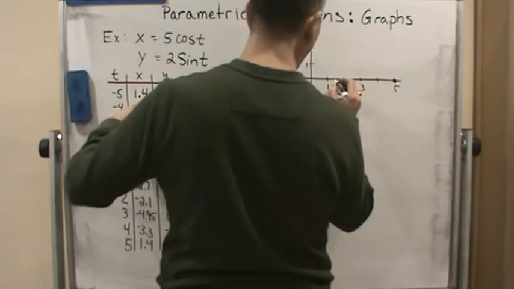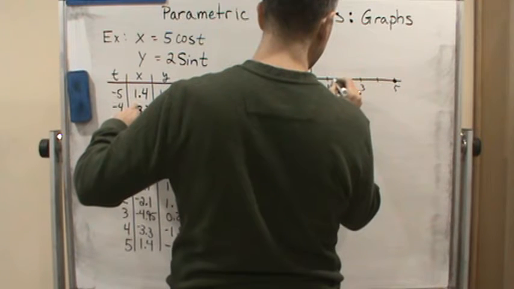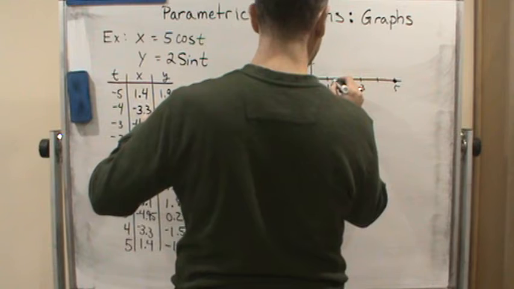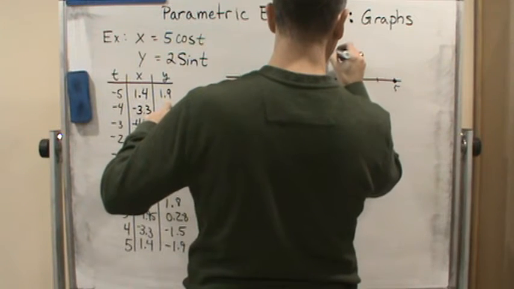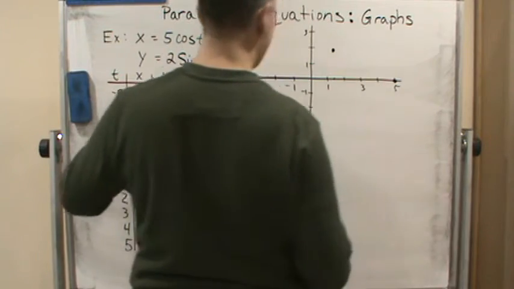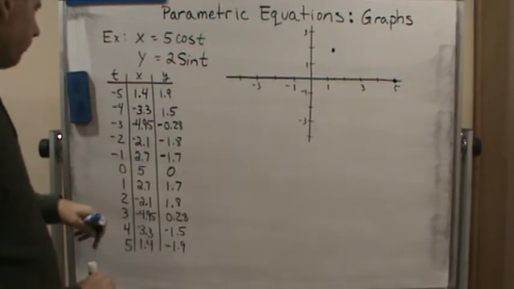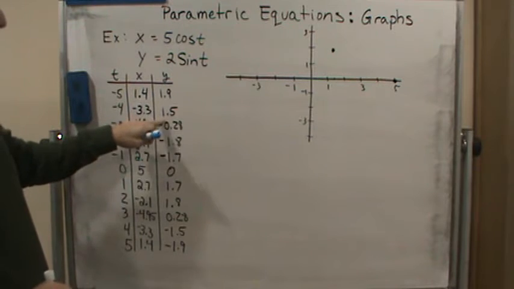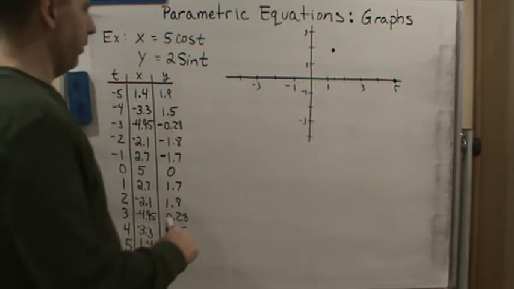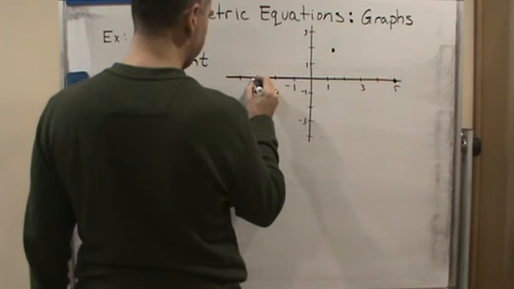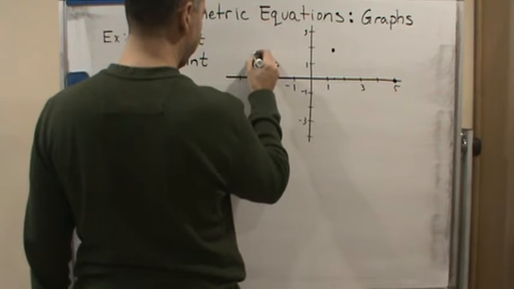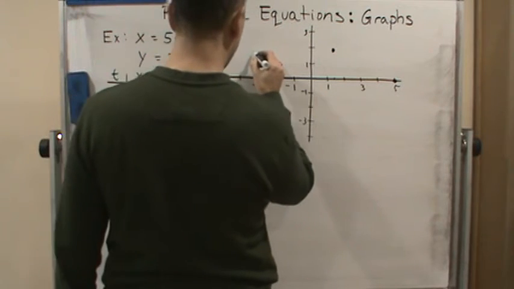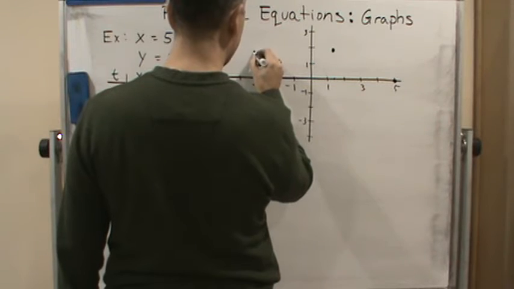So 1.4 and 1.9, approximately there, I guess. The next point, at t = -4, is -3.3 and 1.5. So -3.3 and 1.5, let's say about right here.